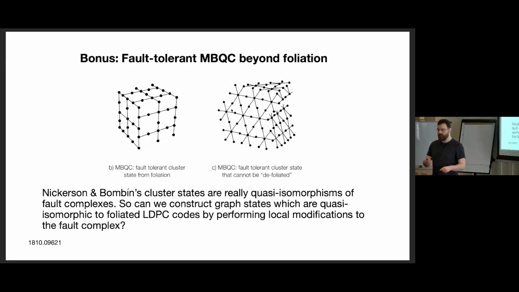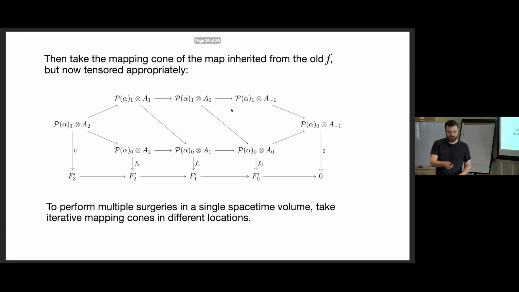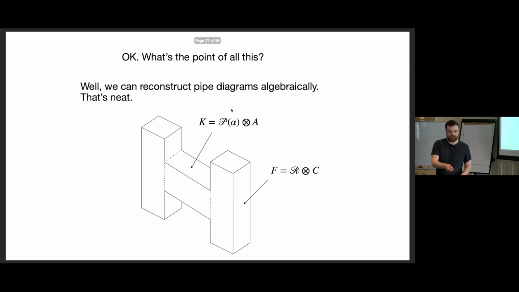If you think about this H-like diagram that I have over here, I could start off by taking a surface code and then taking a tensor product with some H-like graph. That would give me this thing immediately, without having to go through making an idling and then taking a mapping cone, and so on. But the problem is that the kinds of things we want to do with LDPC codes are a lot more fancy than that. So, yeah, I think that's my answer.